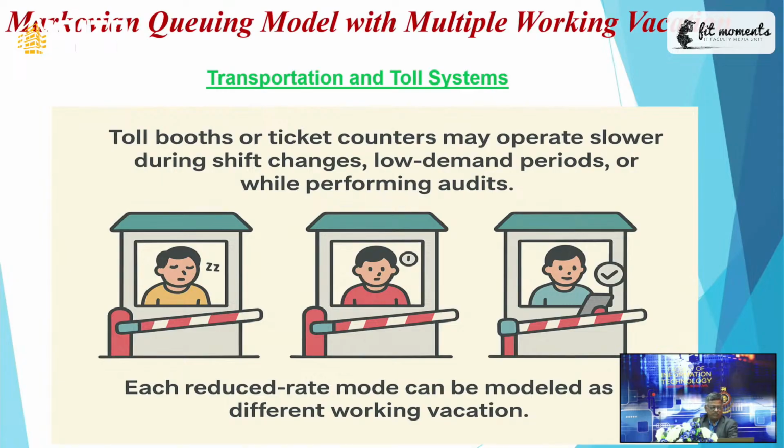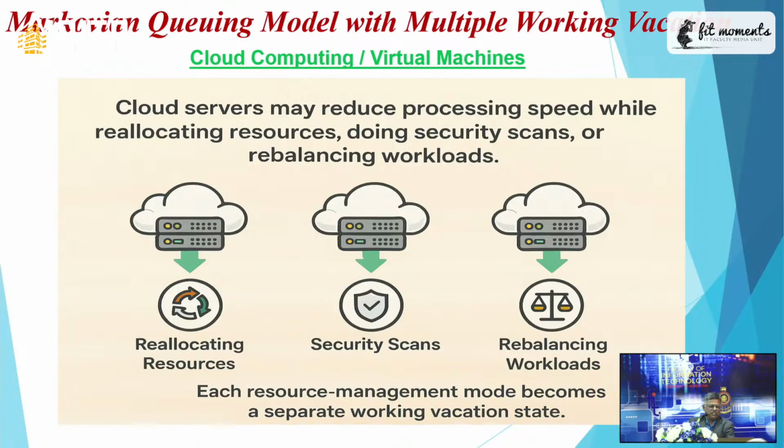Transportation and toll system: each reduced rate mode can be modeled as a different working vacation. Now we move on to cloud computing, virtual machines, that is reallocating resources, security scans, rebalancing workload.